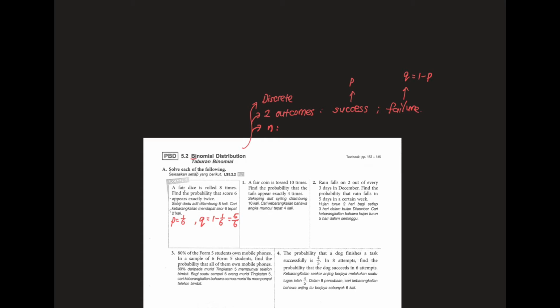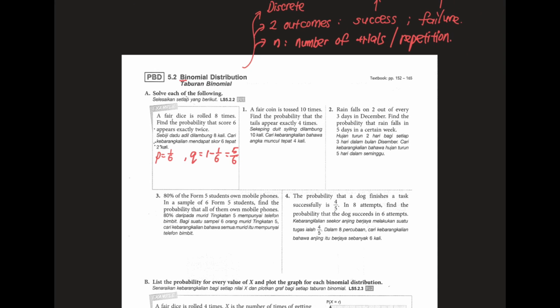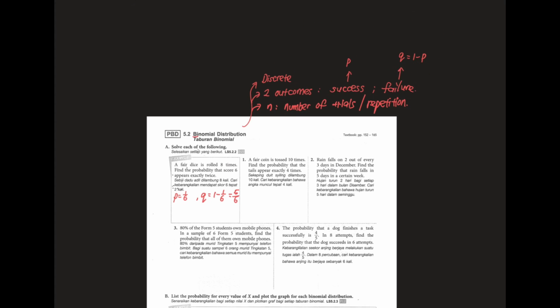N is the number of trials or the number of repetitions, how many times you do the same thing. For this case, a fair dice is rolled 8 times. You are repeating the same thing 8 times. So the number of trials, the number of repetitions, is 8. N is 8.